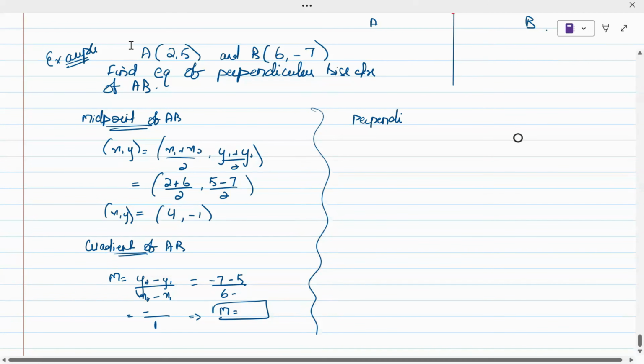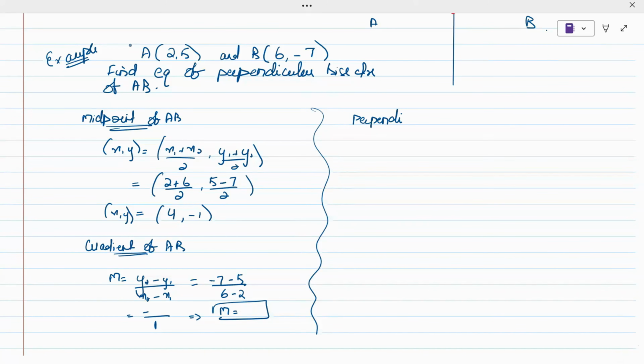So minus 7 minus 5, that's a minus 12. 6 minus 2, that's a 4. And minus 12 upon 4, that's a minus 3.